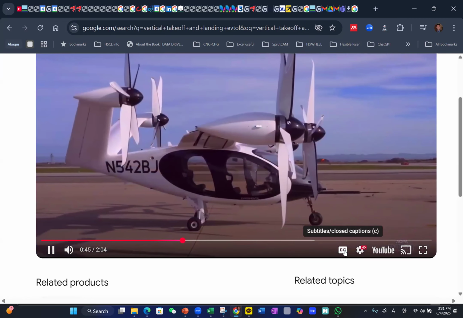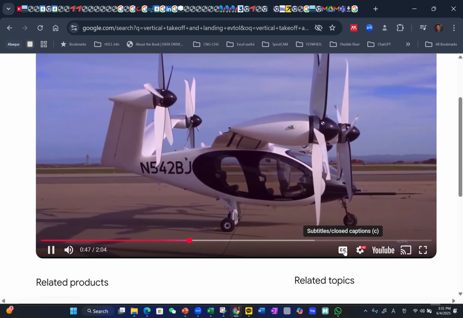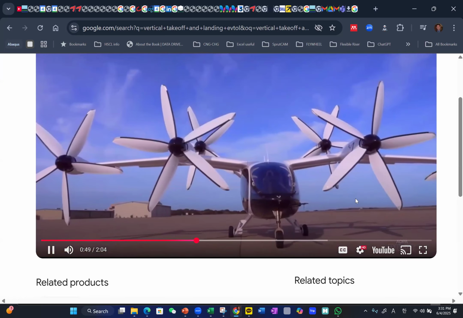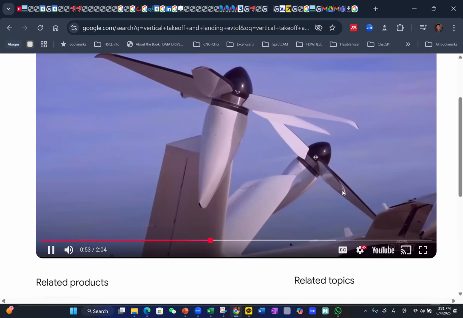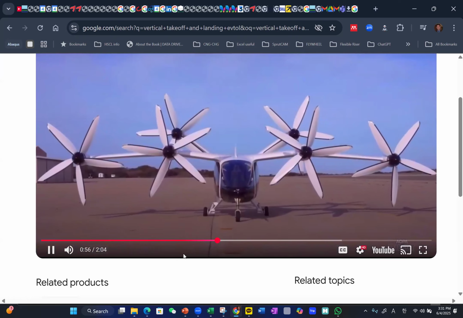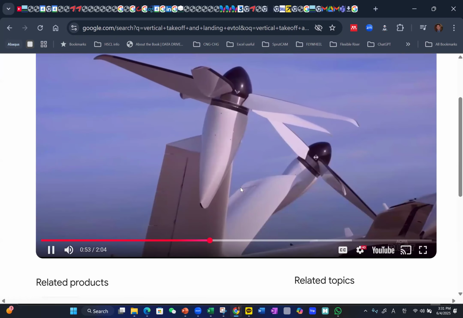One of the key features of the Fly-Free eVTOL is its autonomous flight capability, which allows it to be operated with minimal pilot input. This makes it easier and safer to operate, while also reducing the cost of operation compared to traditional manned aircraft.